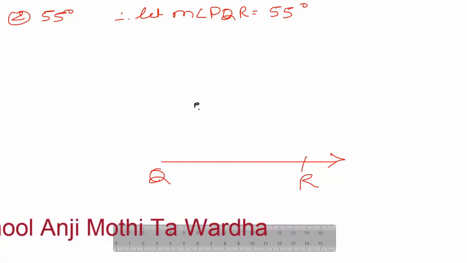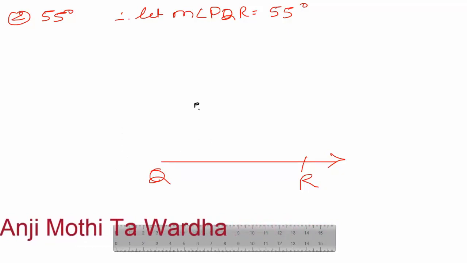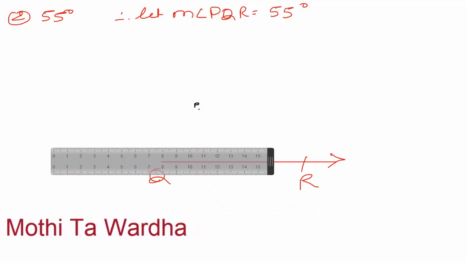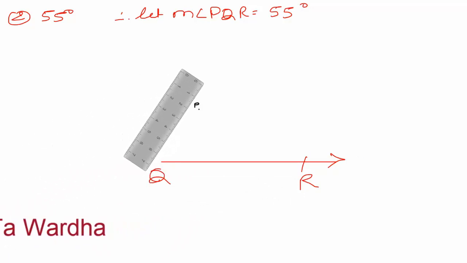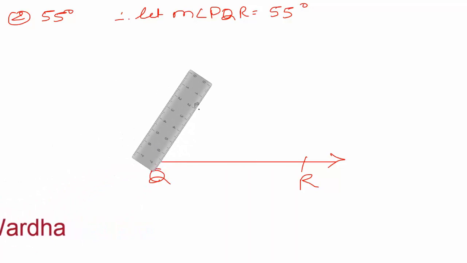With the help of ruler, we have to draw a ray passing through point P and Q. We have to draw the ray QP.